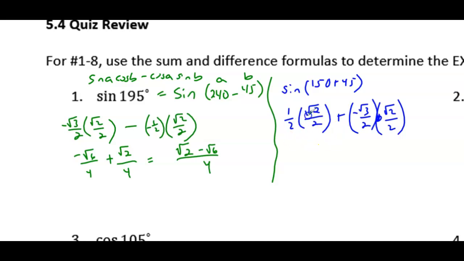You still end up with radical 2/4 minus radical 6/4. Negative times positive, which is the same thing: radical 2 minus radical 6 over 4. So that's sum and difference.